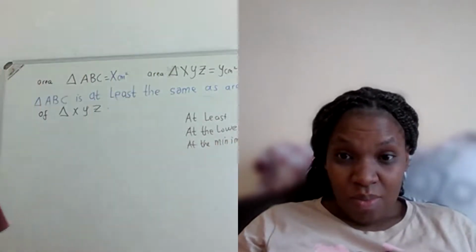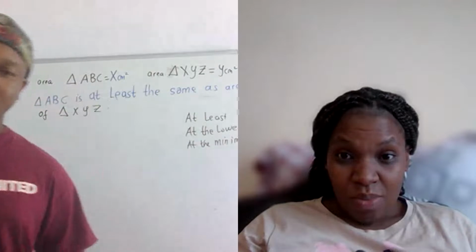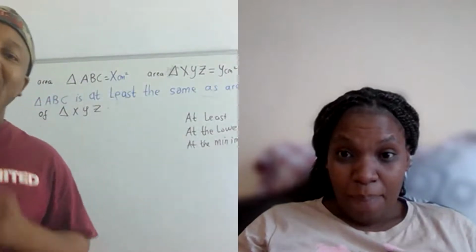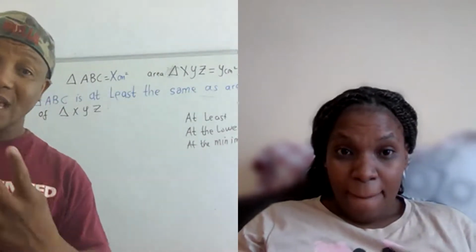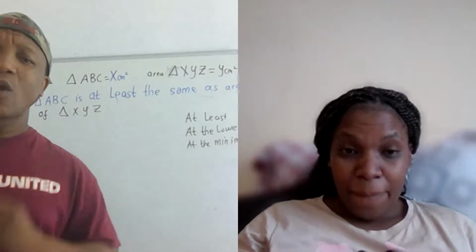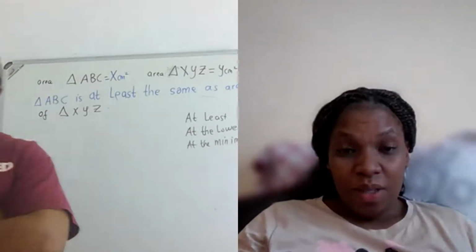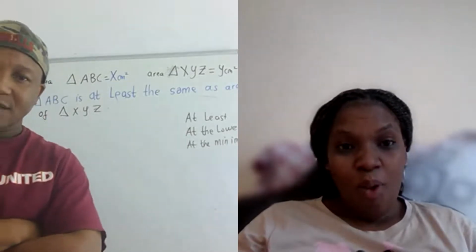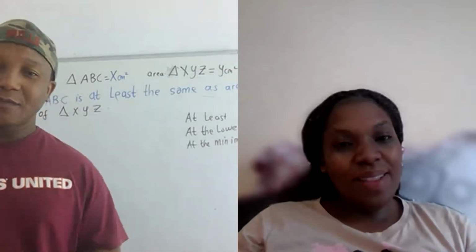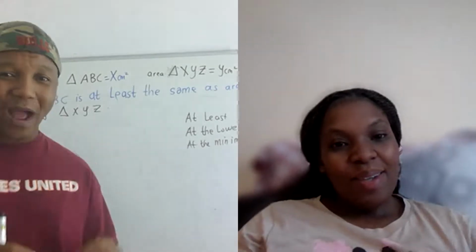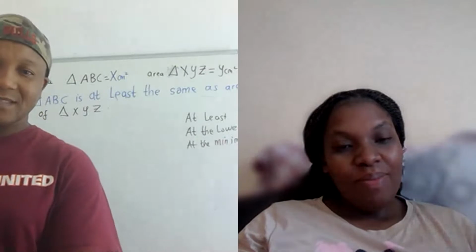Now look, if somebody tells you, Mpumi, you need to have at least 2 hours a day to start to fast, what do they mean? Is it more? It's more or equal. You need to have either 2 hours or more, at least.